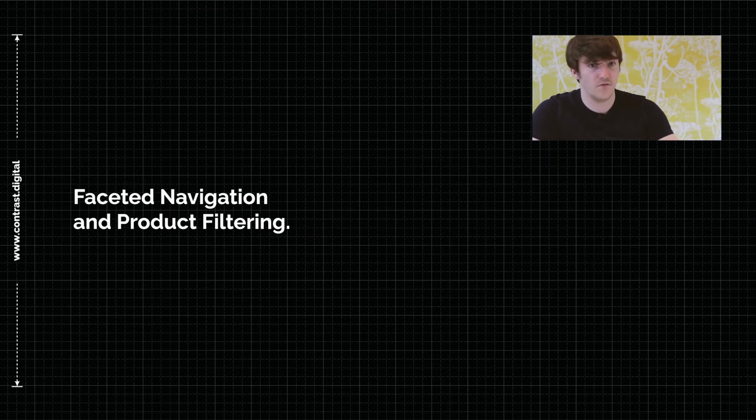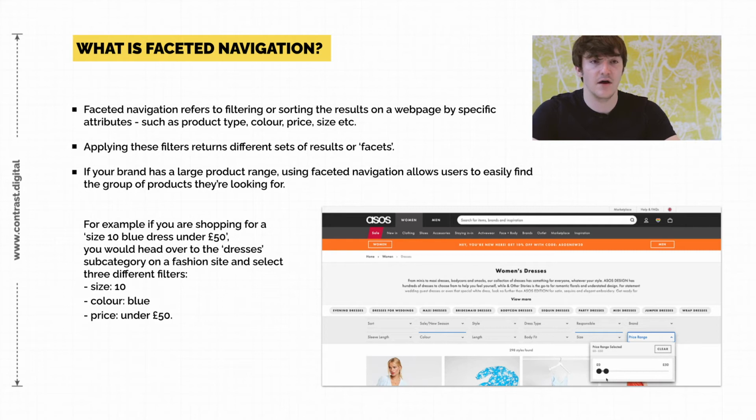So it's a case of, to begin with, what is faceted navigation? It's a bit of a stranger term that you might not be used to, but whenever you've been using e-commerce sites, you will have been using faceted navigation, which is the sidebars for filtering, whether it's by price, color, size.